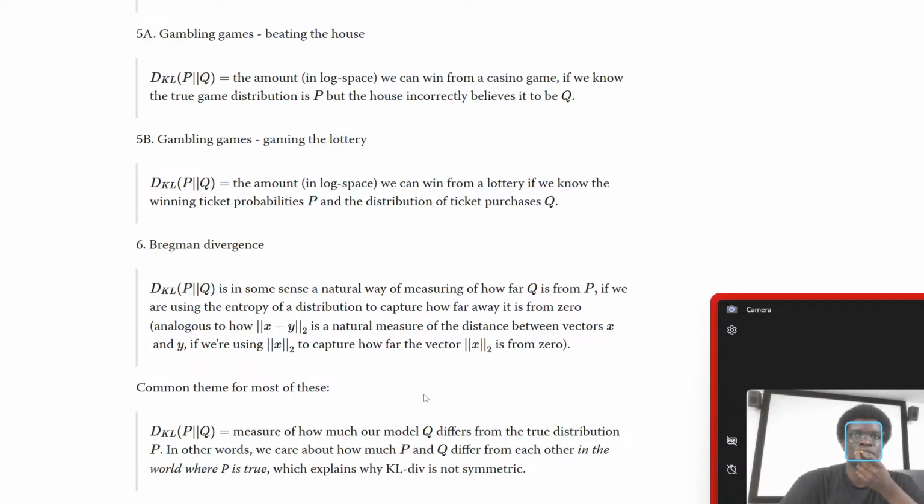Therefore, based on the fact that it needs to take in those 3 things, you would not expect it to be symmetrical in P and Q, because if it was, then you would need to pass in which one is the true distribution. But that feels kind of unsatisfying.